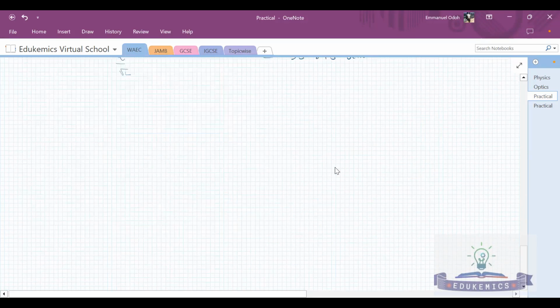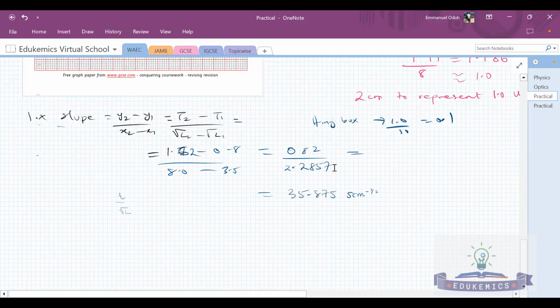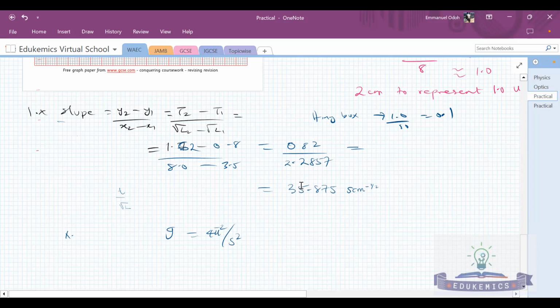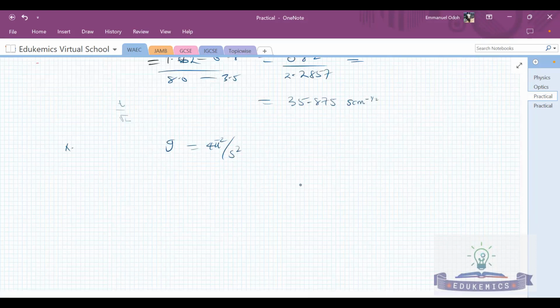But since this is given, we have been given that g equals 4 pi square over x square, where x is 35.875.